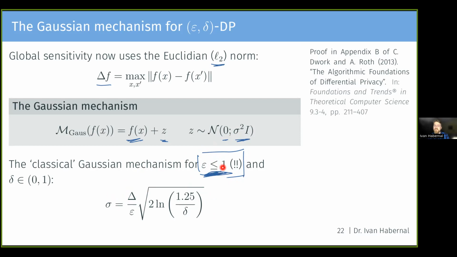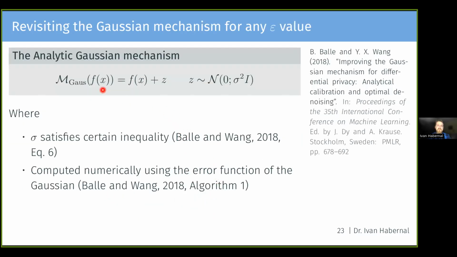However, you might want to use bigger epsilons, and the epsilon choice is a different story, how to design the epsilon and what it really means, maybe even for people in the database. But let's say you want to have epsilons greater than 1. Why not? For that, I would suggest to look at the analytic Gaussian mechanism, which works basically for any epsilon. And again, it works like that. We have the original query, and we're adding noise, which is drawn again from a Gaussian. So far so good, nothing has changed.